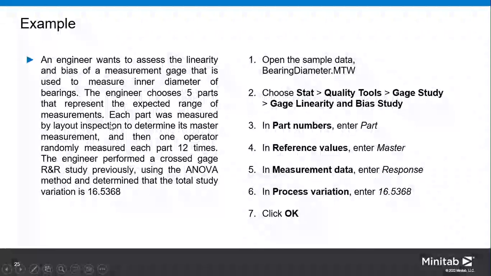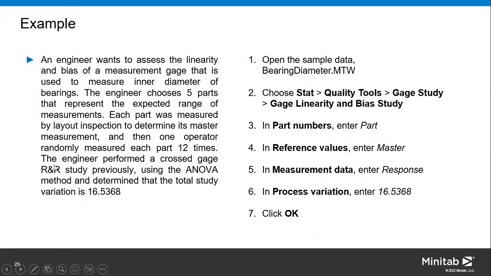Each part was measured by layout inspection to determine its master measurement. And then one operator randomly measured each part 12 times. The engineer performed a crossed gauge study previously, using the ANOVA method to determine the total study variation, which is this value.